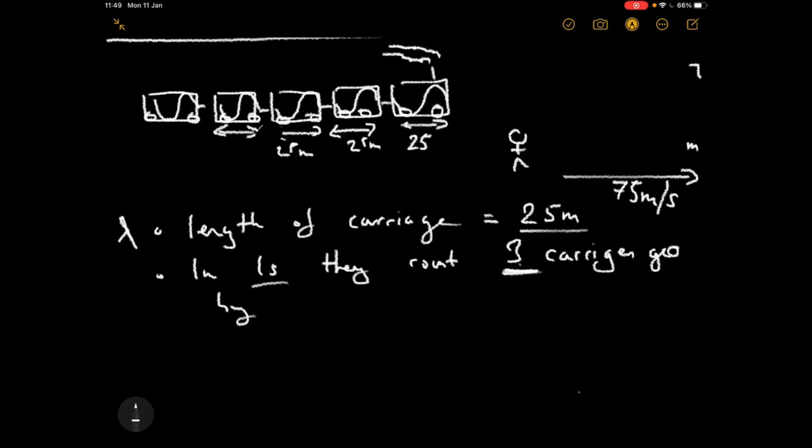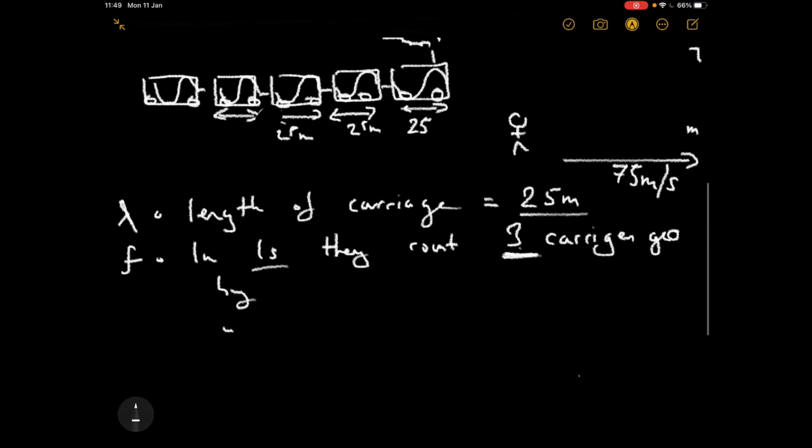And the second thing, the number of carriages that go past in 1 second, is the same as the frequency: how many waves go past a point in 1 second? For the train, all we had to do was do 25 times 3.